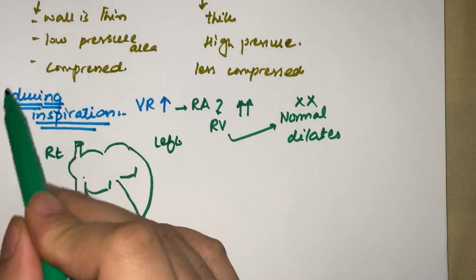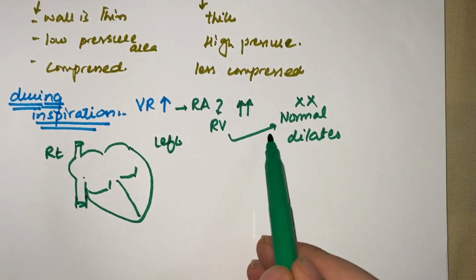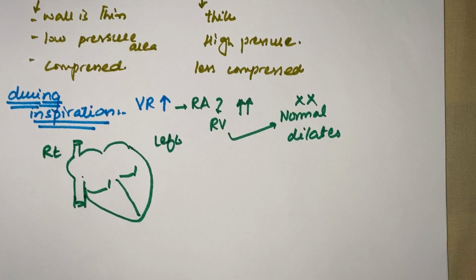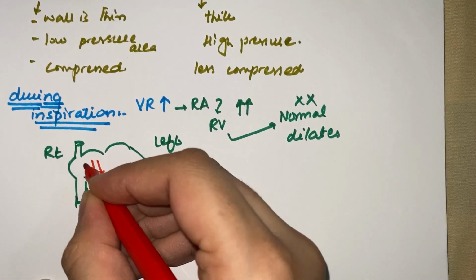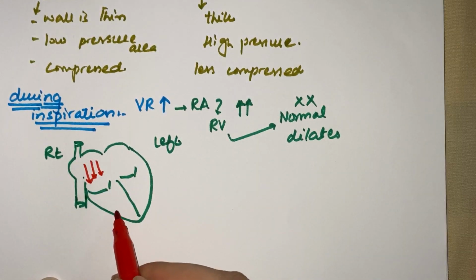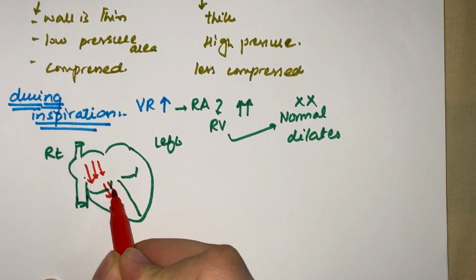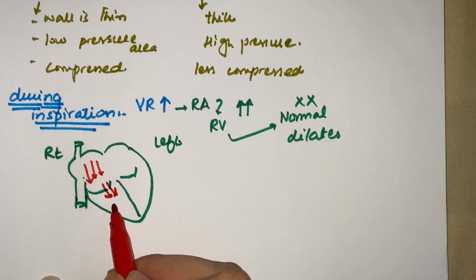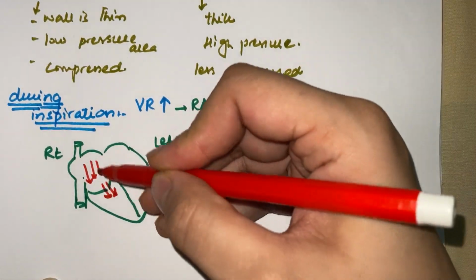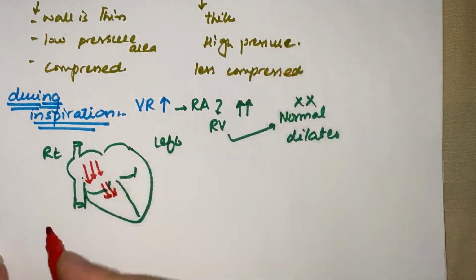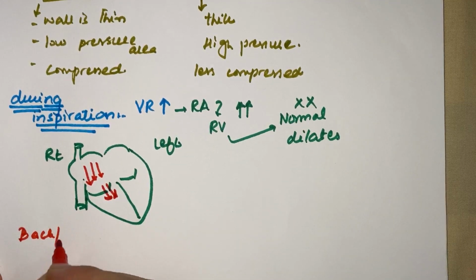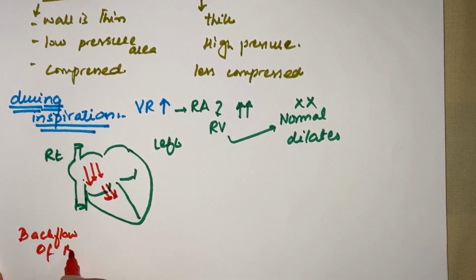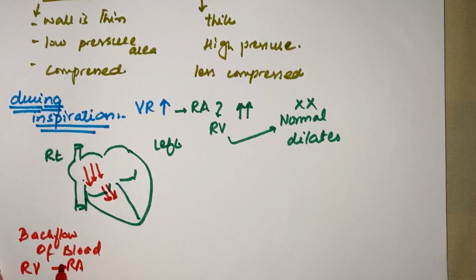Now I've told you that during inspiration venous return increases to the right side. Now suppose this blood is coming more and more, and this ventricle can't expand, so it can't accumulate this increased amount of blood. As a result, there is backflow of blood. So the first point is that there is backflow of blood towards the right atrium from the right ventricle. Why?